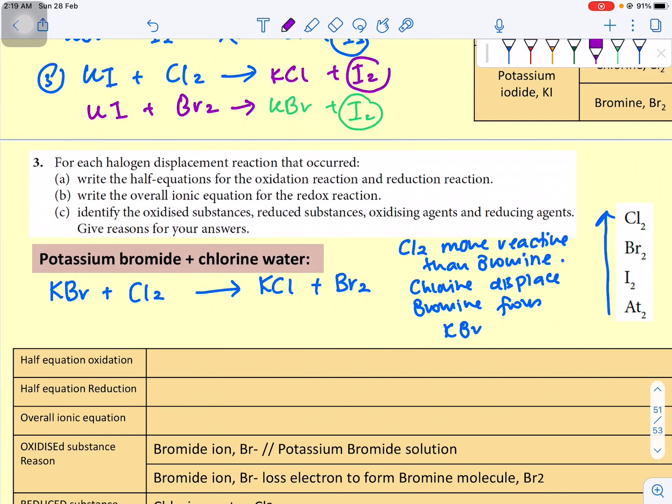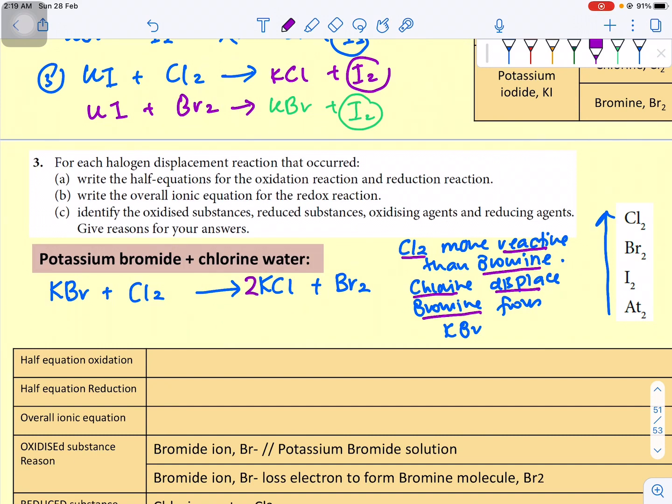The idea here is perhatikan betul-betul, dia mesti chlorine more reactive than bromine, bukan bromide. So apa yang akan berlaku? Chlorine displace bromine, bukan bromide. So kalau itu tulis bromide, dia akan jadi salah. Dia mesti bromine from potassium bromide.